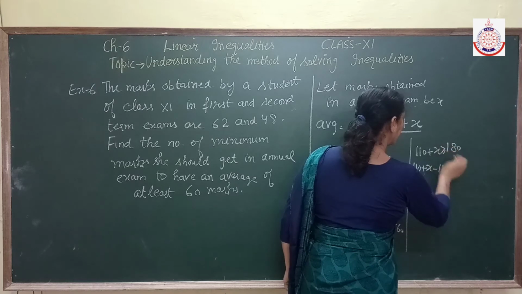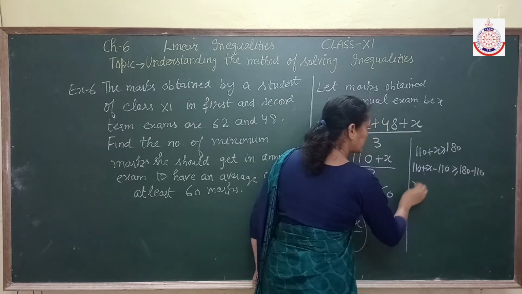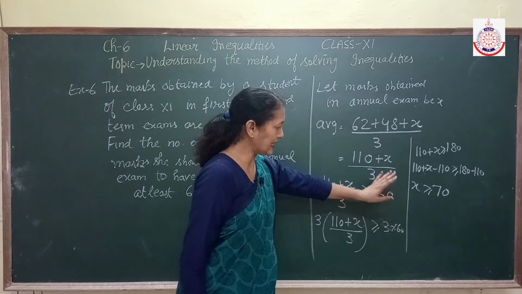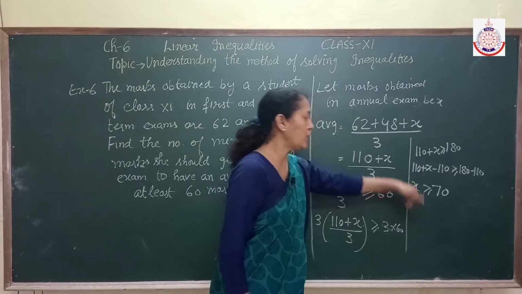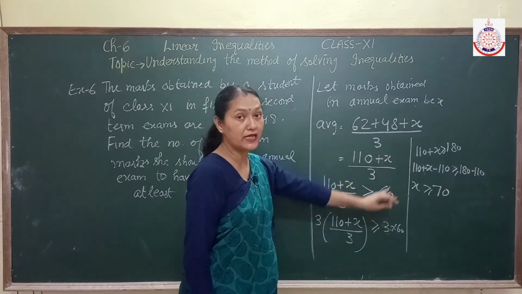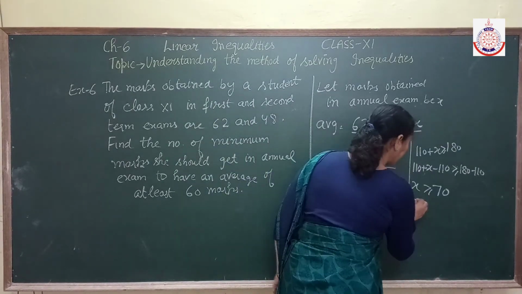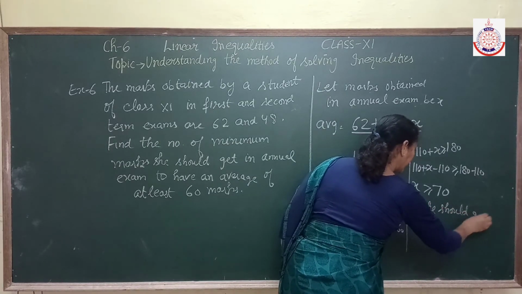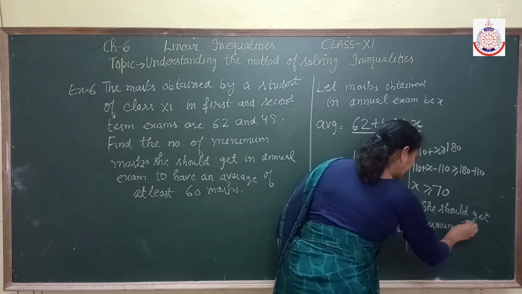Condition is greater than or equal, so x greater than or equal to 70. That means at least in the annual exam, she should obtain 70 marks so that her average marks are 60. Therefore, she should get minimum 70 marks.